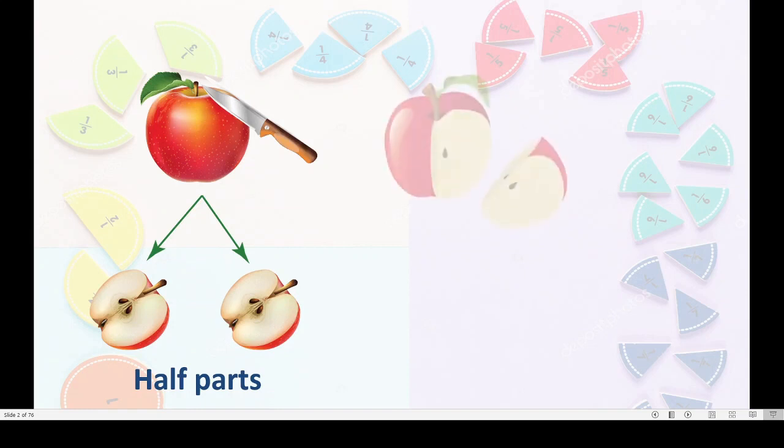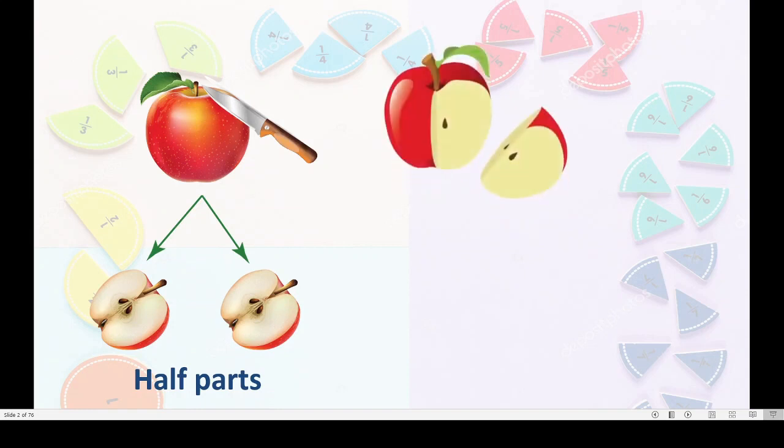And here I will cut this in 4 equal parts and each part is called 1/4, isn't it? When one object is cut into 4 equal parts, then each part is called 1/4.